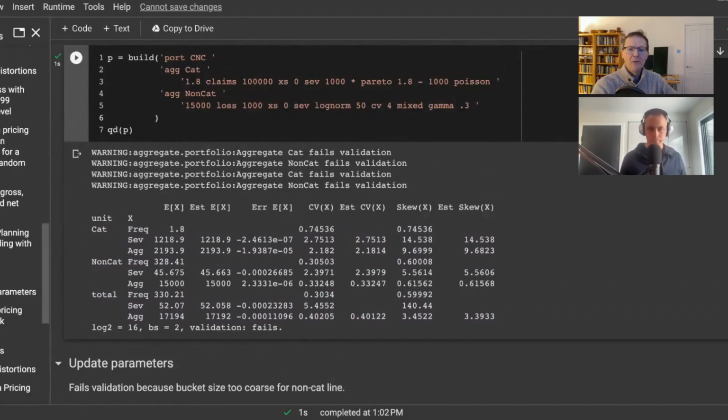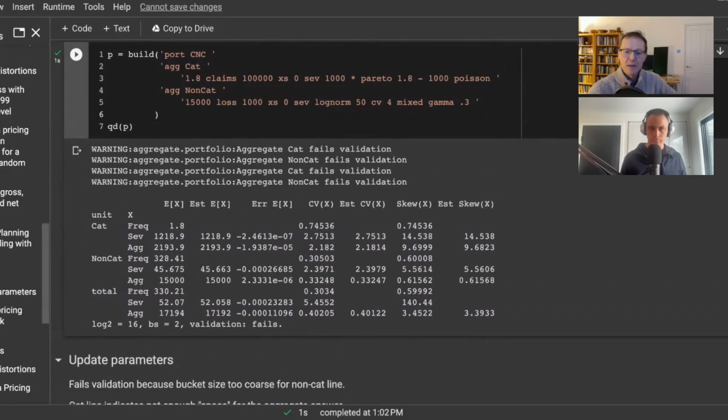Just to remind folks, the key thing we're looking at is the E of X, which is theoretically what we would expect the answer to be for the mean. The estimated is what aggregate is computing with its algorithm, and the error is the relative error between the two. So cat is doing pretty well on 10 to the minus 7 for the severity, 10 to the minus 5 for the aggregate.